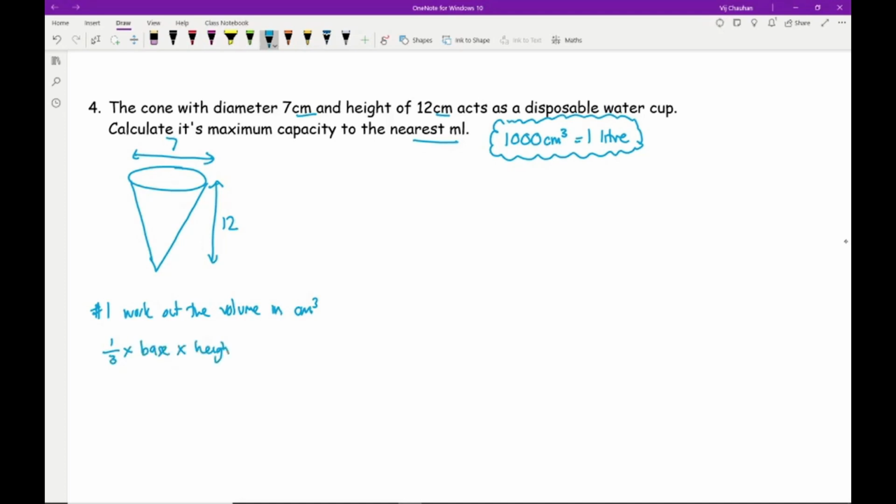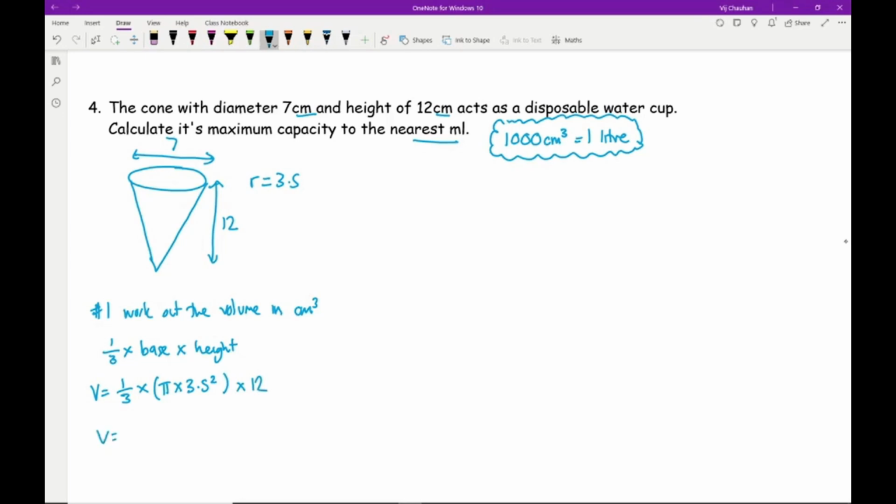And again, the reason why I'm constantly writing what the formula is, it's a good way of remembering the formula. You don't have to be writing down the formula in this, but as long as you're showing your working out for this. So V equals 1/3 times the base, which is going to be pi, times, now for this, the diameter is 7, so that means r is going to be 3.5, so it's going to be times 3.5 squared times 12.